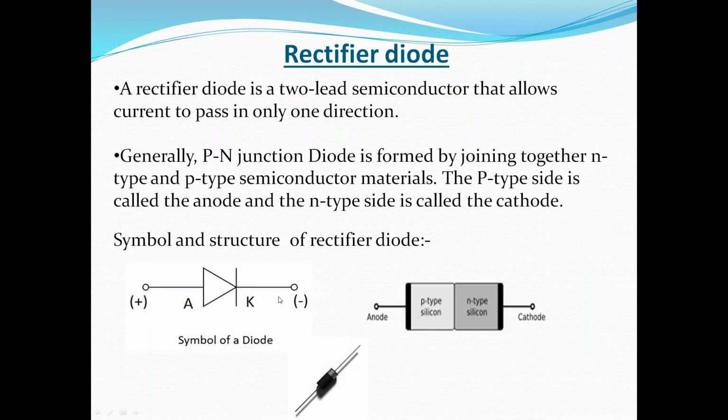And after the depletion layer we have the N side. Is that clear? So basically, what is a diode? Diode means what, students? It is a semiconductor device and it allows the current only in one direction. This is important. It allows or passes the current only in one direction.